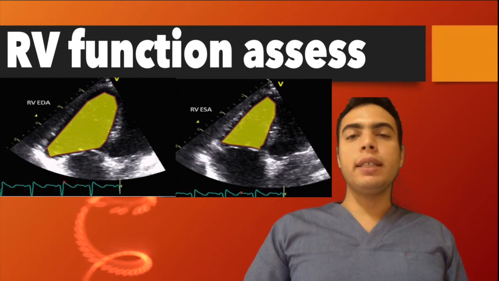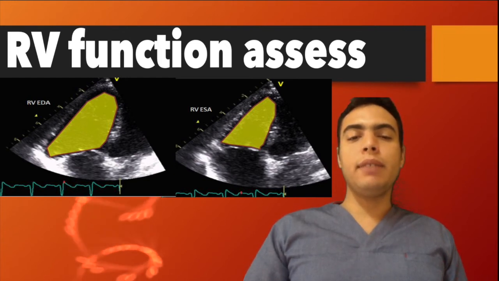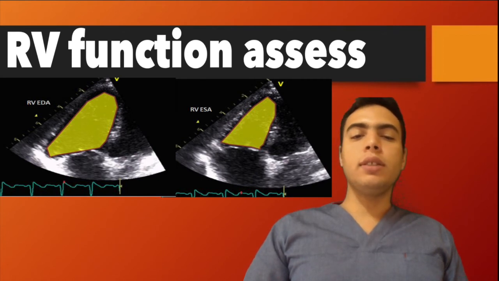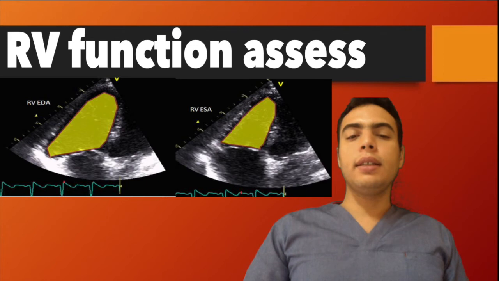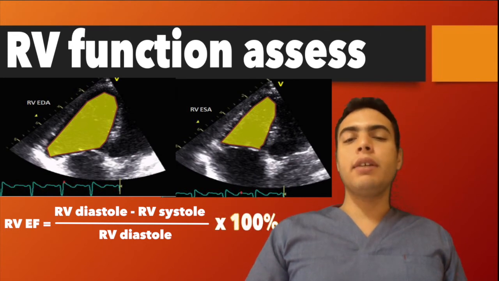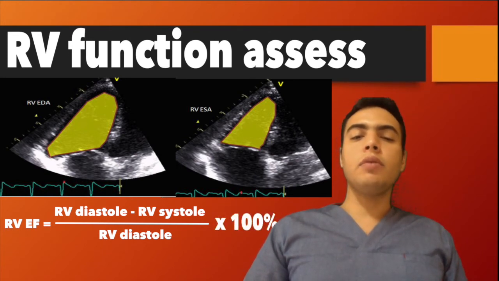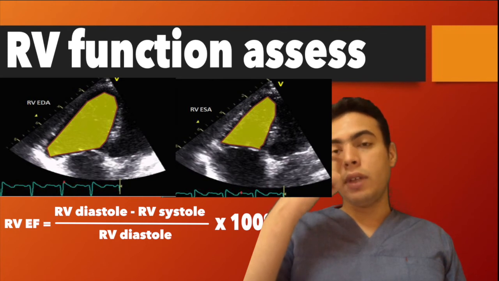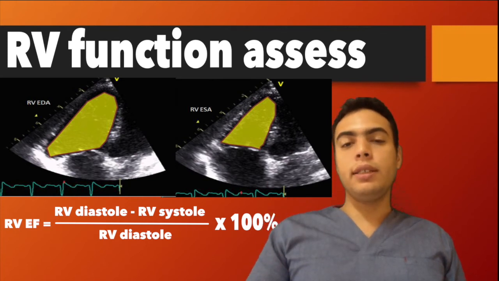First of all, there is a technique we can use by 2D planimetry and tracing the right ventricle once during the systole and once during the diastole to get the equation done, that is the right ventricular area during the diastole minus the right ventricular area during the systole over the right ventricular area during the diastole times 100 gets you the right ventricular ejection fraction in percent, just like we did in the ejection fraction in the ventricle.